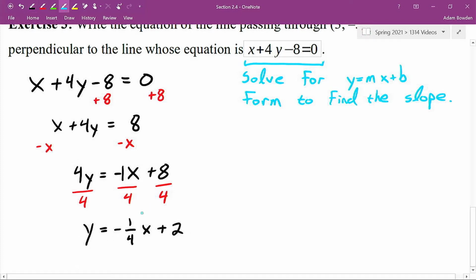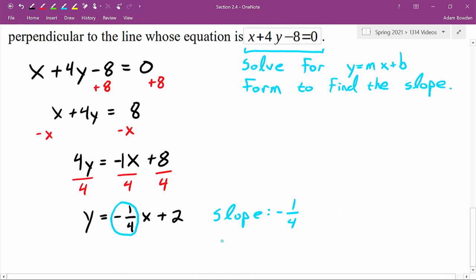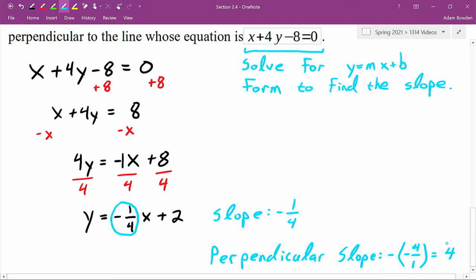Now we can look at this equation and recognize that the slope is negative 1 over 4. And then we can think about what is perpendicular to that. Perpendicular slope here would be the negative reciprocal. So negative, negative, we'll flip it around to 4 over 1. So that would be just positive 4 for a slope perpendicular.